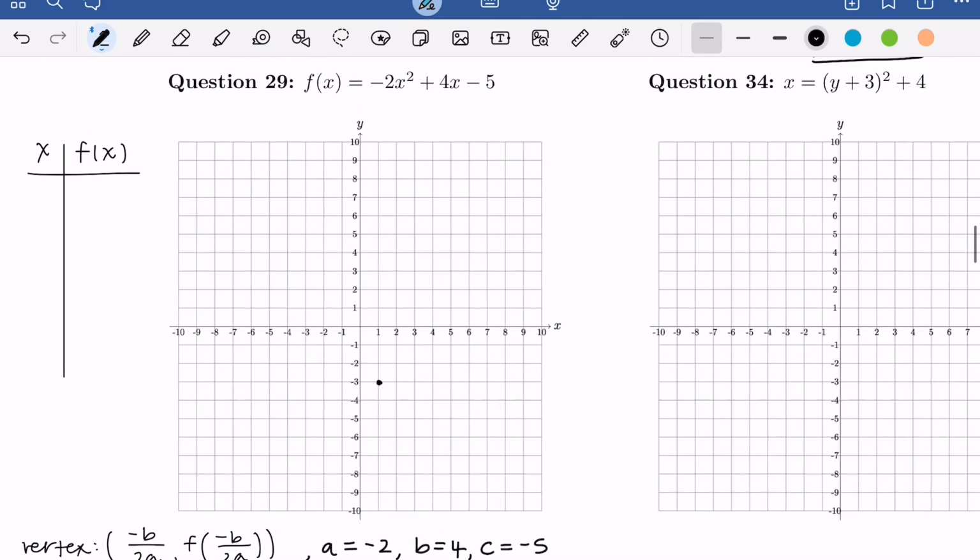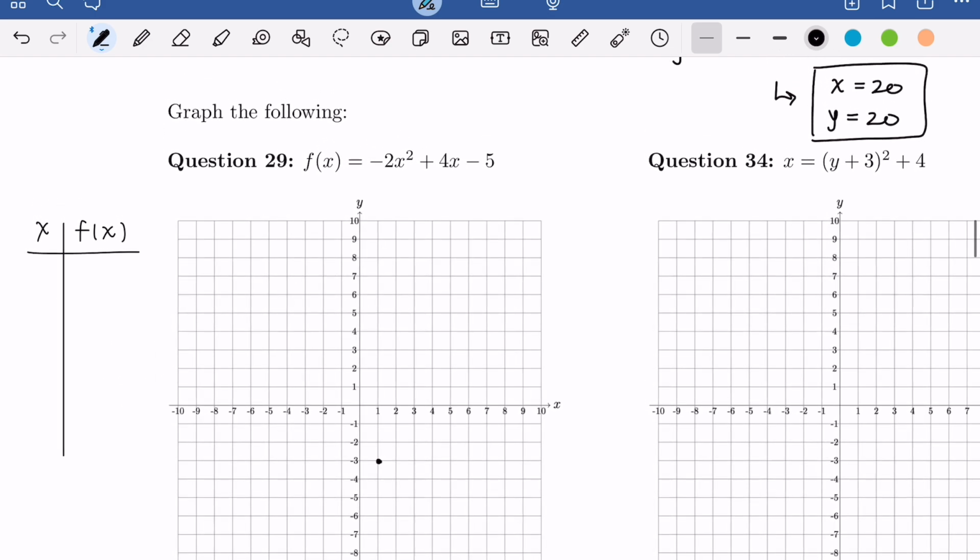Now the next thing that we usually want to do is figure out in which direction the parabola opens. This will give us an idea which numbers to plug into our function. So if you remember from the first example, we're going to look at the value of our a. So this will be negative 2 here. Now since a is negative, this tells us our parabola is going to open downward.